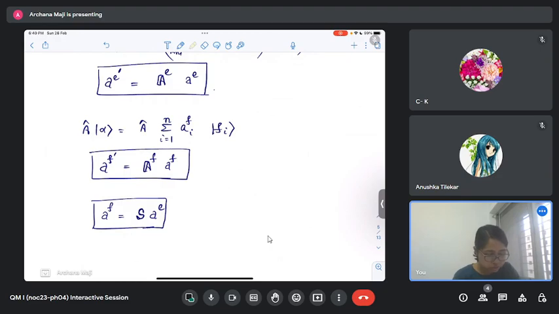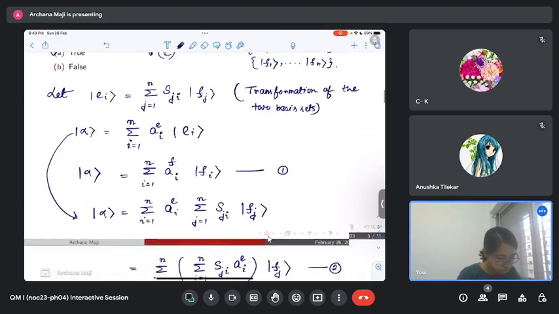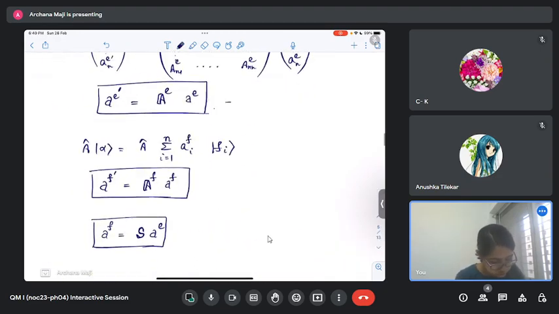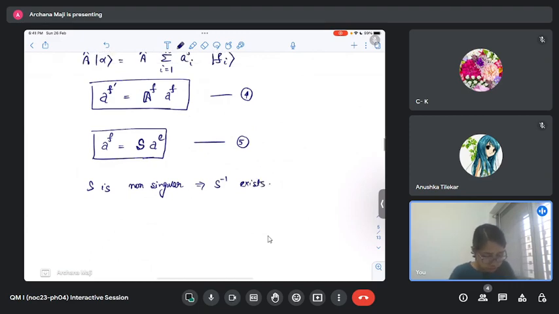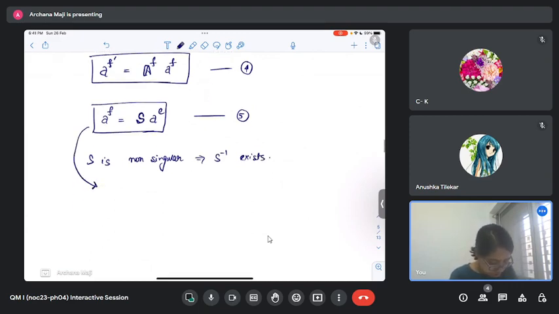Okay, I used 1 and 2 before, so let me call them 3, 4 and 5. If S is non-singular, meaning determinant of S exists or S inverse exists, then from this equation it is equal to S inverse.